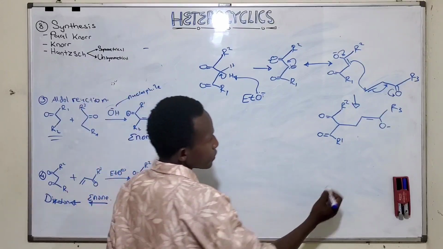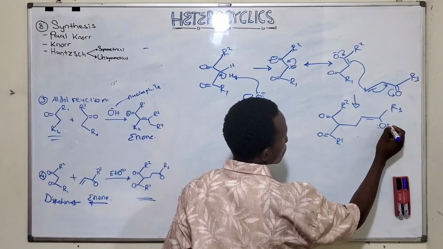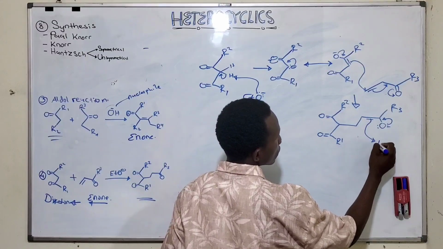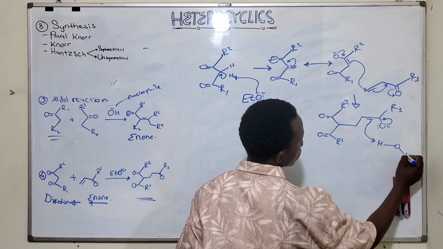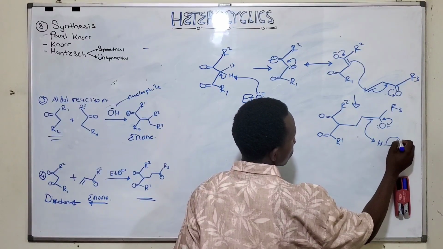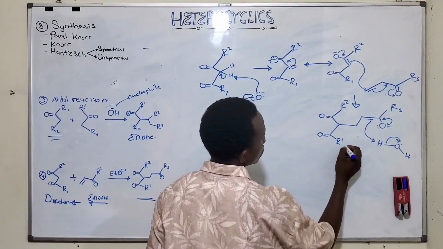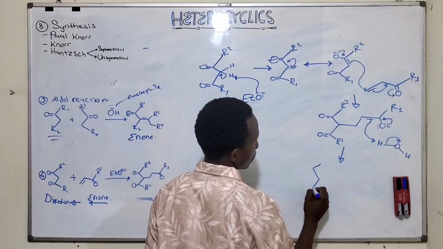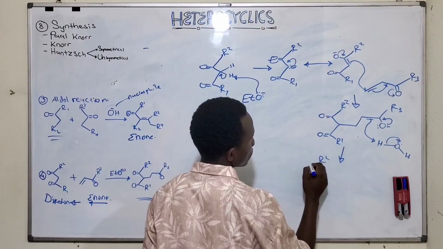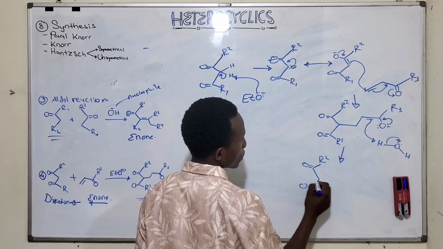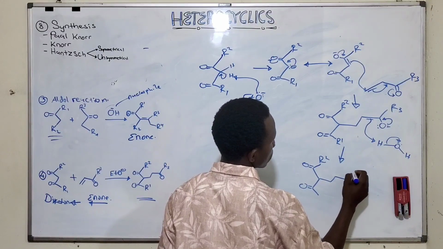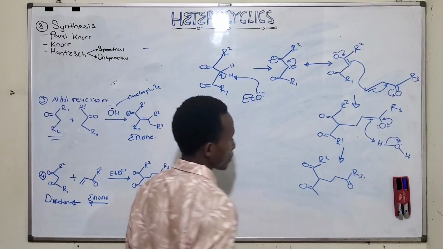Now, as this oxygen forms back the bond, this one will attack a hydrogen. So we shall form R2, oxygen, then we form this.